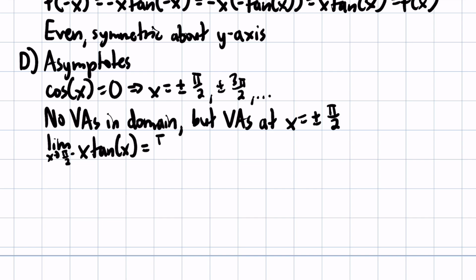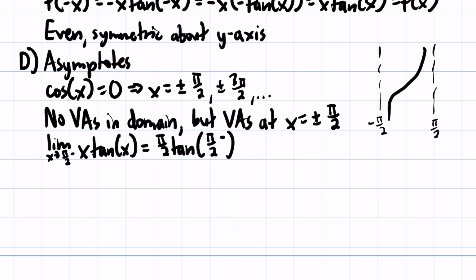So that's going to be pi over 2 times tangent of pi over 2 from the left. And tangent of pi over 2 from the left, if you think about the tangent function, and this is negative pi over 2, and this is pi over 2, it looks something like that, right? As we approach pi over 2 from the left, the function is approaching infinity. So this is pi over 2 times infinity, which is just infinity.